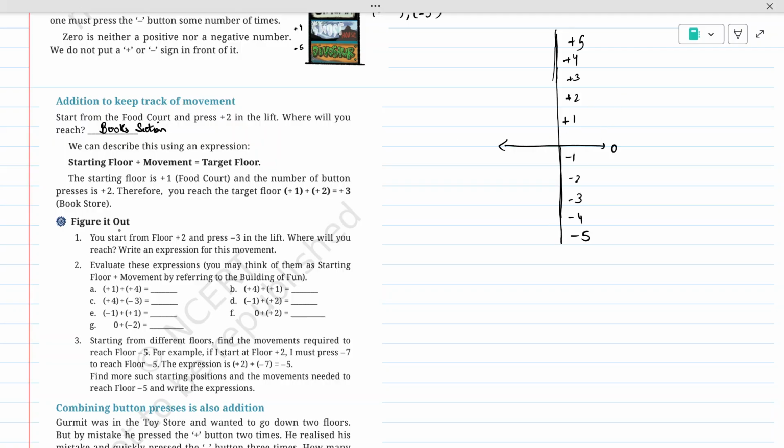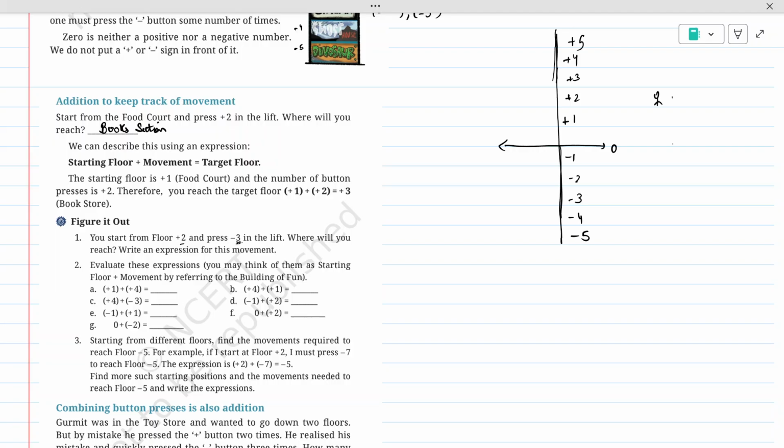Okay, so the first question is, you start from +2. That means I'm already standing here, and press -3 in the lift. Now I'm pressing -3 in the lift. So if I'm pressing -3, kids, that means I am making a movement of -3 here, 3 times minus. So I am here, I am going down. Why down? Because I'm marking minus.